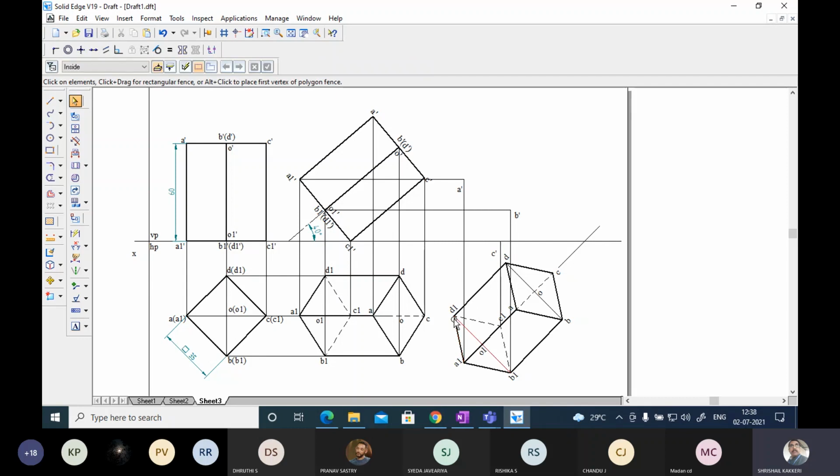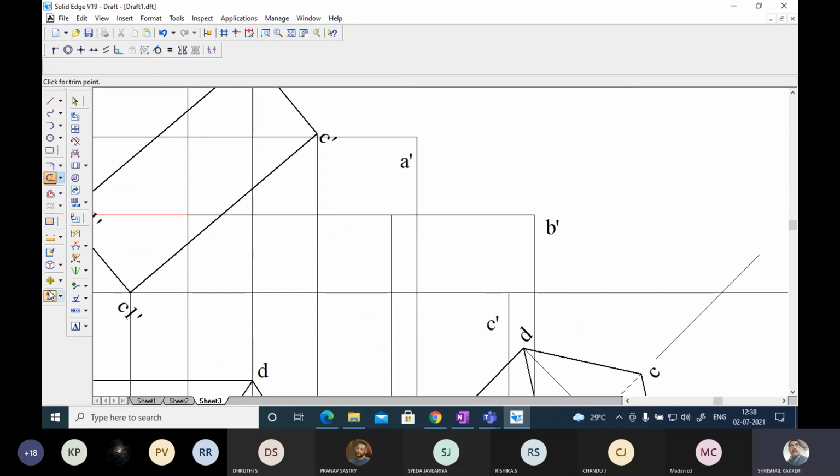Okay, and similarly D, from D I am going to draw the line, and from D also you are going to draw the line. It will be at this point. You can see that B and D are on the same line. So this portion I am going to delete. This will be point D. D dash.